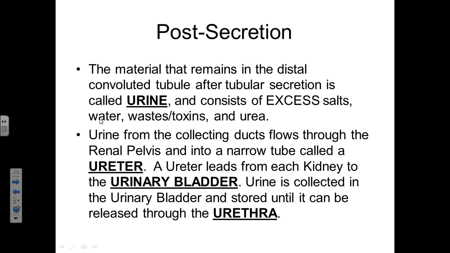So again, in post-secretion, the urine from those ducts eventually collects in the renal pelvis, leaves the kidney to the ureter, to the bladder, to the urethra, and then eventually out. And again, that's post-secretion.